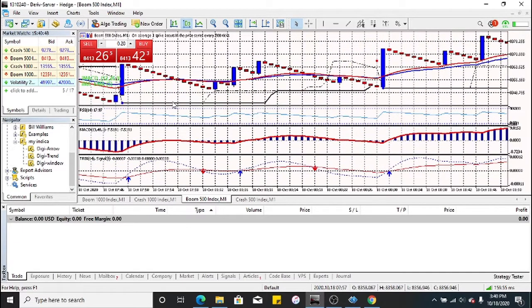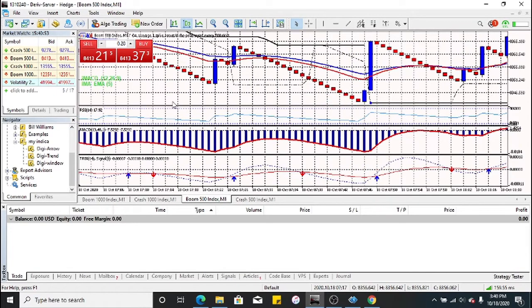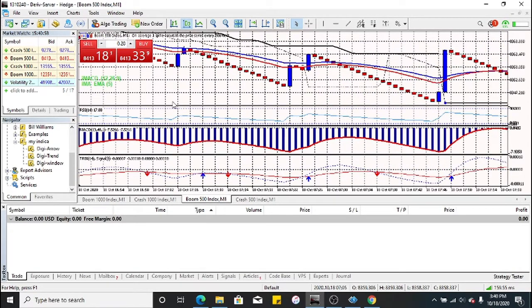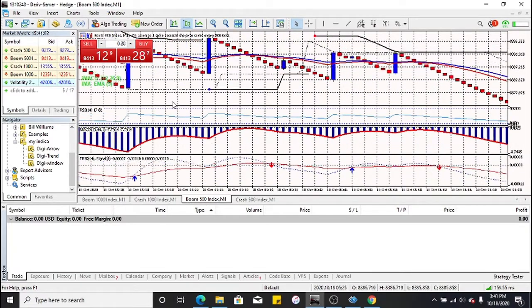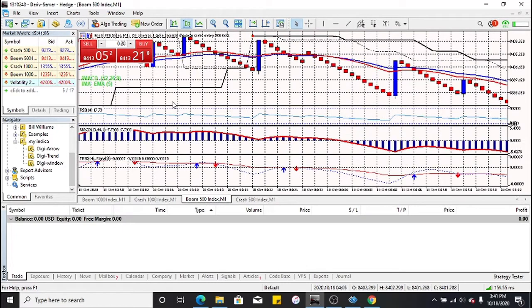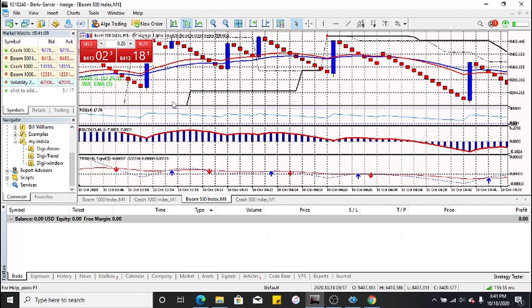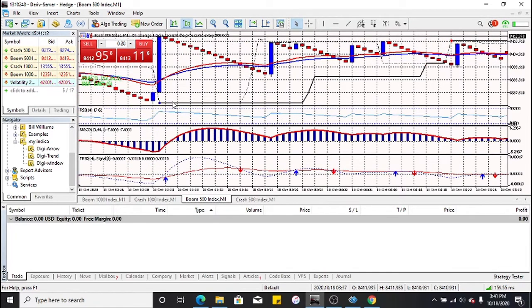Yeah, I want to show you some of the setups you can use to capture the spikes when you are in the same zone. And mind you, you get dozens of these setups in a day.